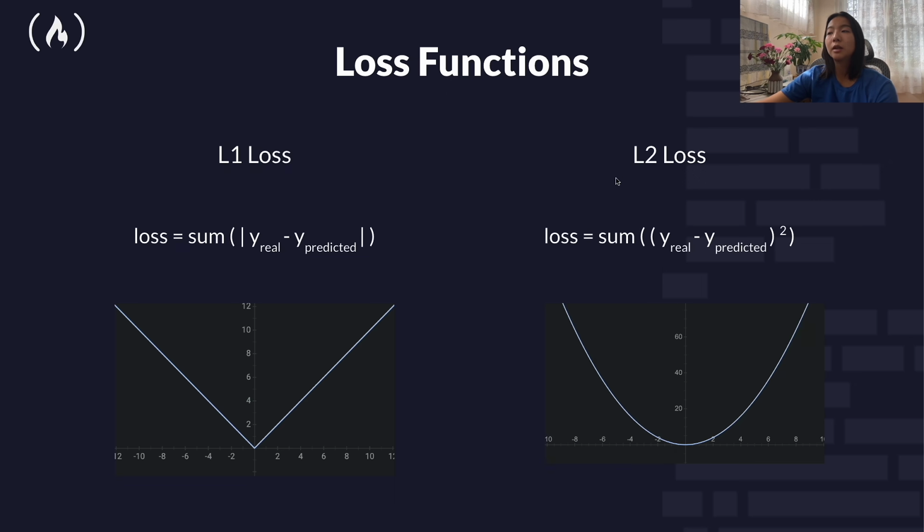Now, we also have something called L2 loss. This loss function is quadratic, which means that if it's close, the penalty is very minimal, and if it's off by a lot, then the penalty is much, much higher. Instead of the absolute value, we just square the difference between the two.